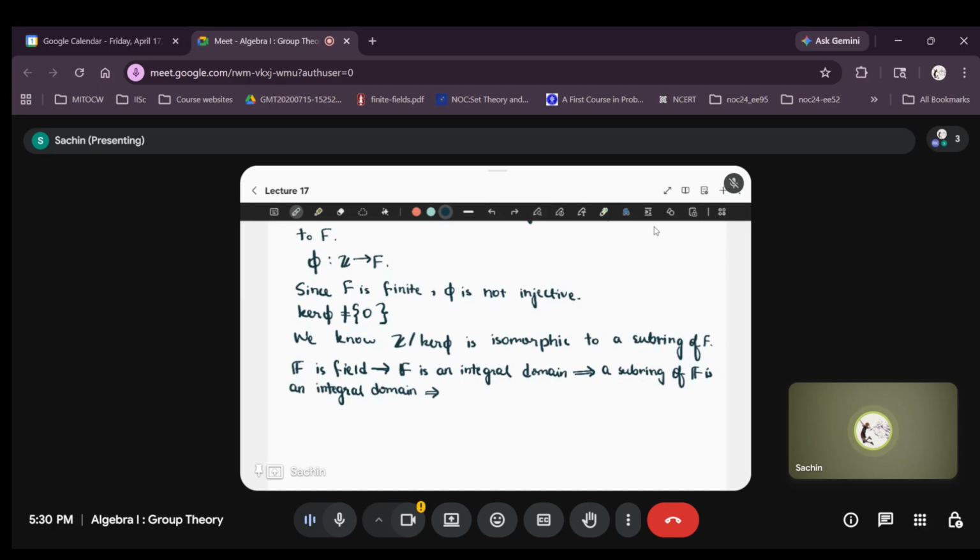If this subring of F is a field, then Z mod kernel phi will also have to be a field. So if there is an isomorphism between two rings, then whatever properties are held by one ring, the same properties will be held by the other ring also.